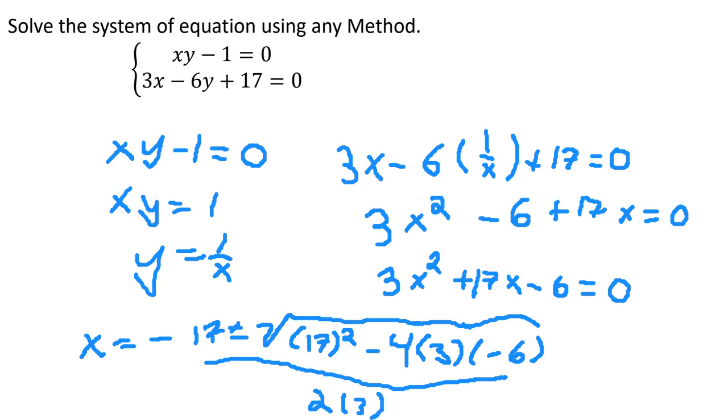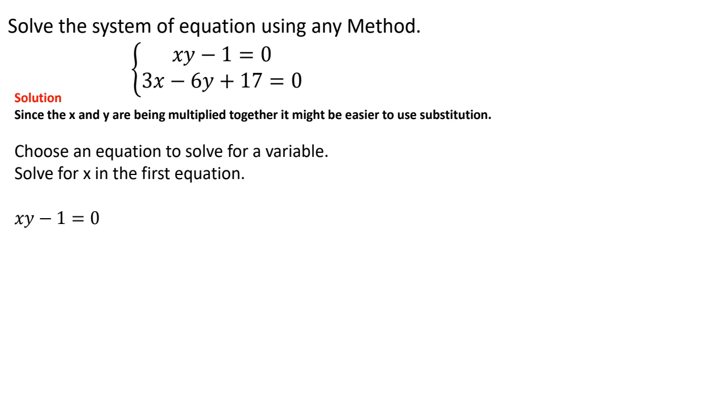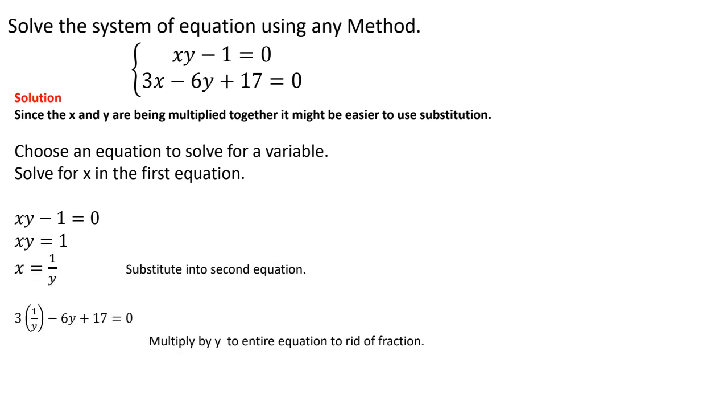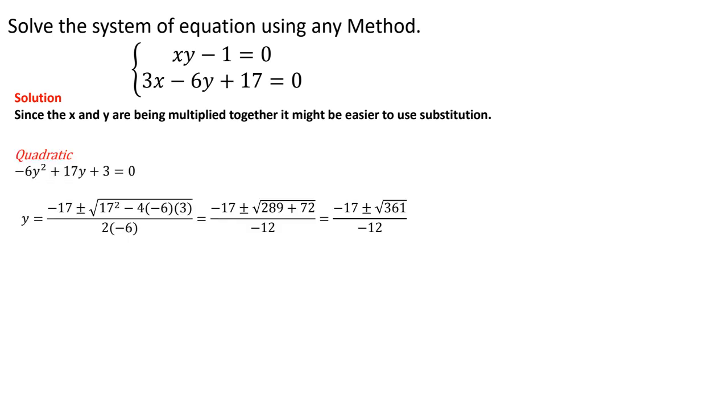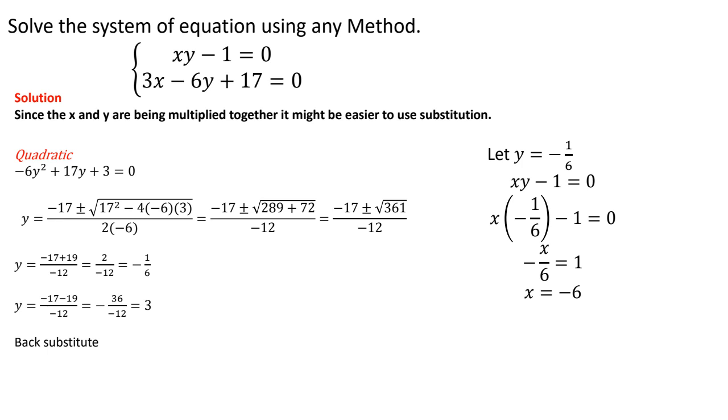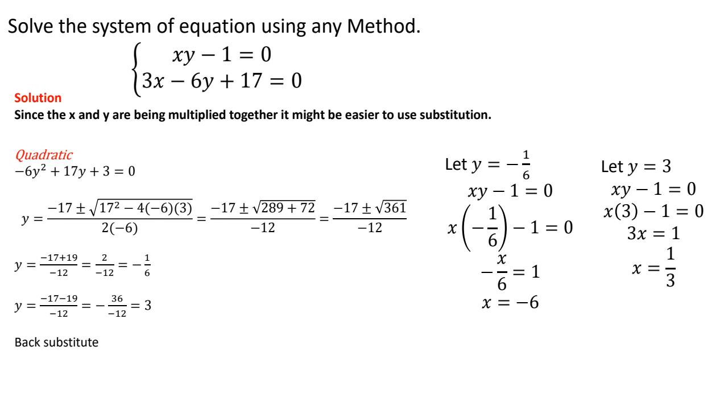Okay, and when I get my answers, they will now be the opposite of what had gone before, but they're going to be these values. x is going to be negative 6, and x will be 1/3.